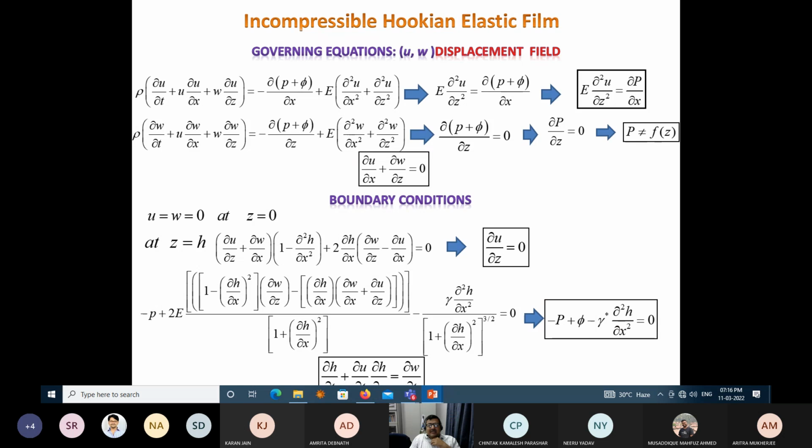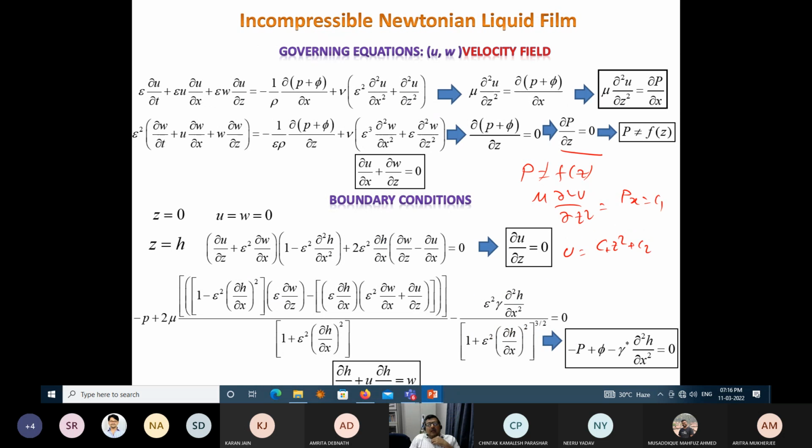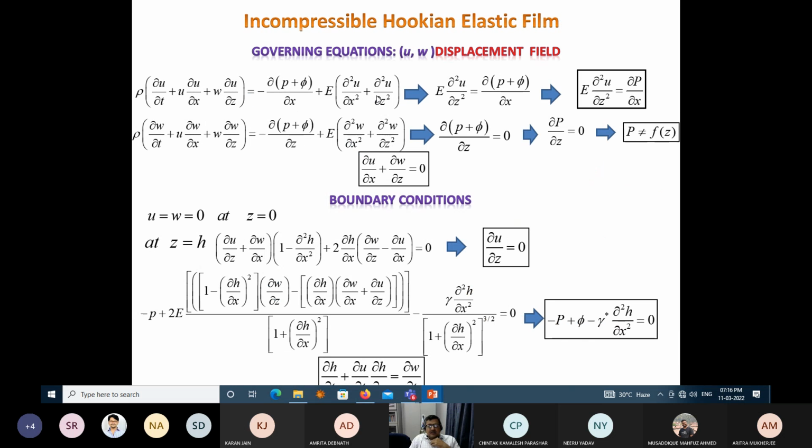But we are going to attempt that, say, suppose if it is Newtonian, we went for this equation, right? Elastic, the framework remains same. Only difference is that here this U is nothing but displacement rather than velocity.